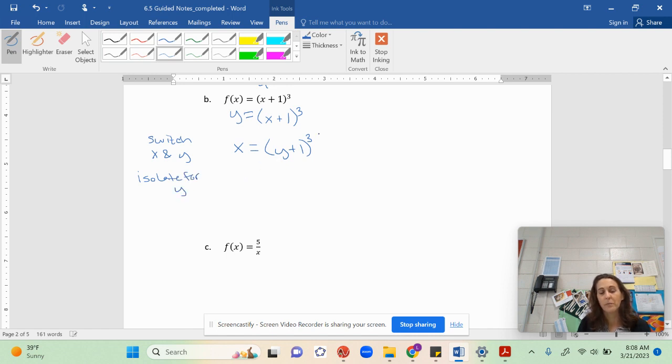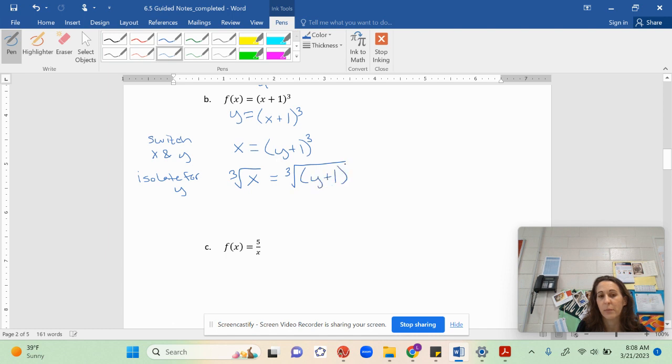To get y by itself, what's the reverse function, or how do we undo this cubed? To undo the cube, we can take the cube root. The cube root of x is equal to the cube root of y plus 1 cubed.